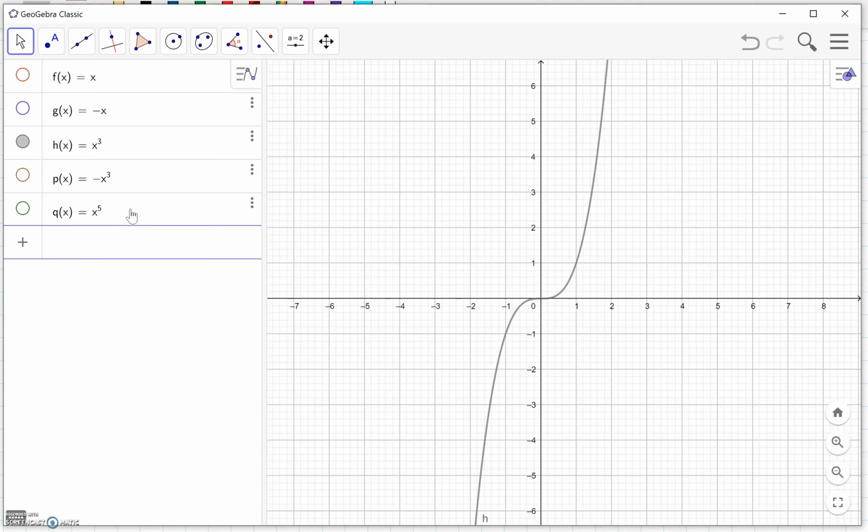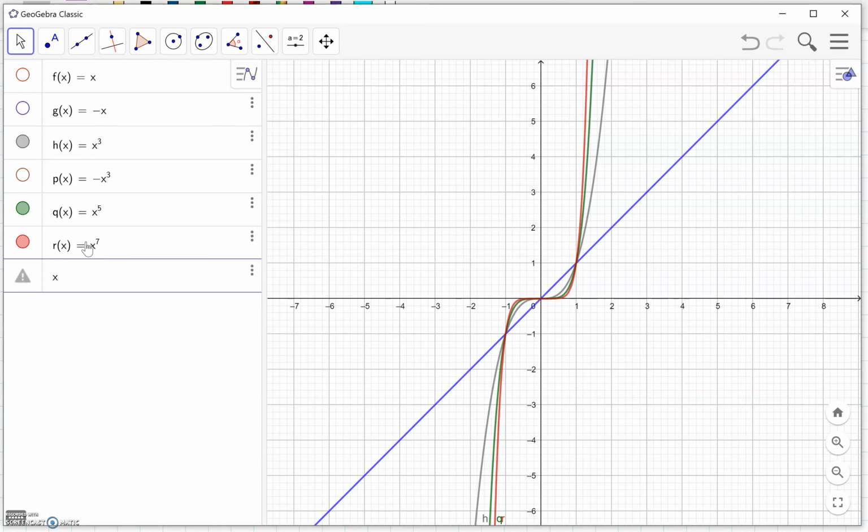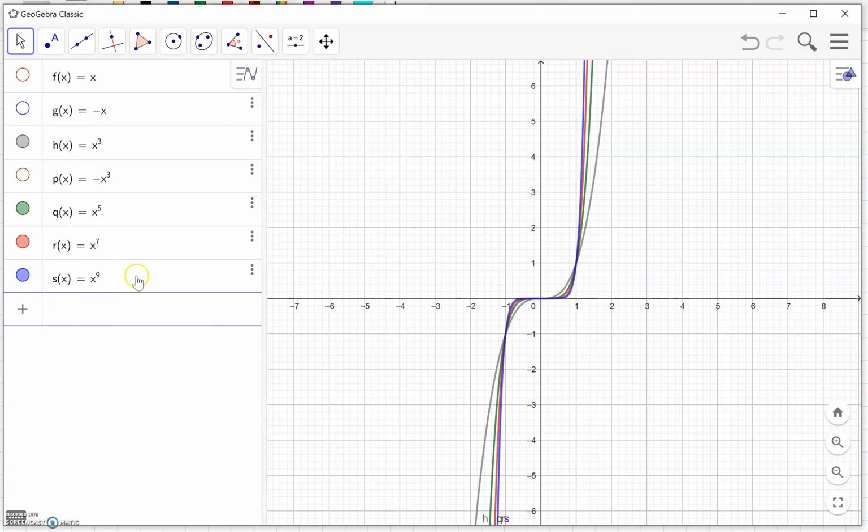If you were to twist that left side up, you would see it would look pretty similar to a parabola. Now, x to the power of 5 gets a little more squarish in the corners, and the arms get steeper. X to the power of 7, oh surprise, same thing. So this is happening exactly like it did with the parabolic functions.